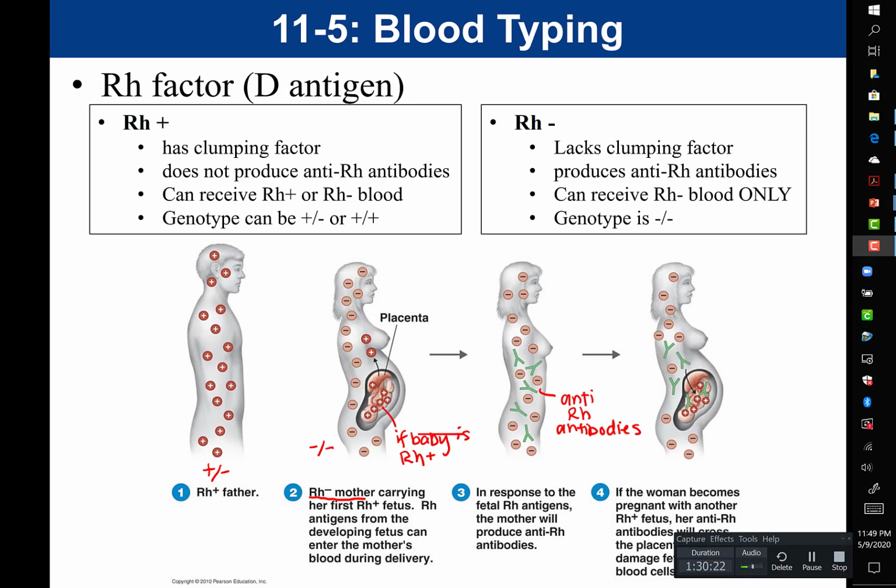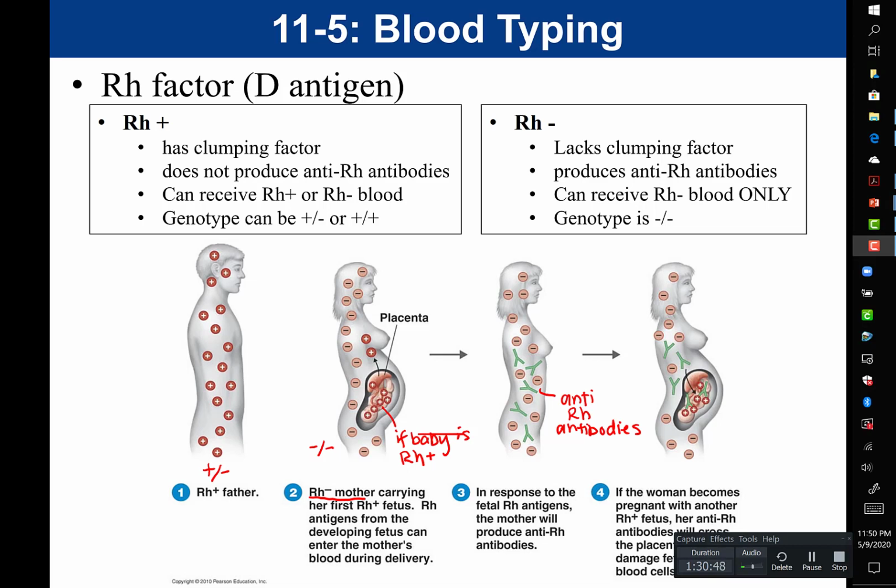If not prevented, and the baby's blood is contaminated with maternal antibodies, sometimes they have to replace the baby's blood by transfusion of uncontaminated blood, because otherwise mom's antibodies will just keep attacking and damaging those red blood cells, and the baby becomes anemic.